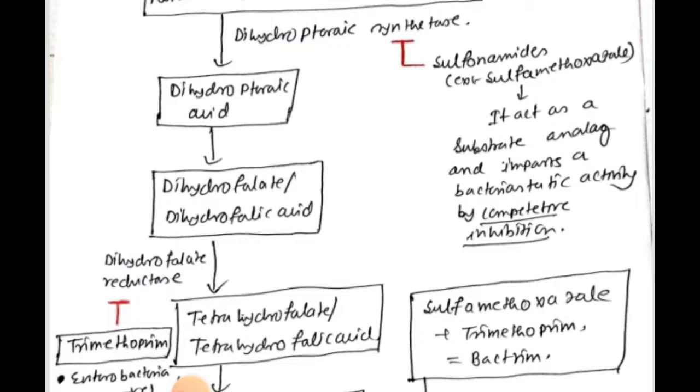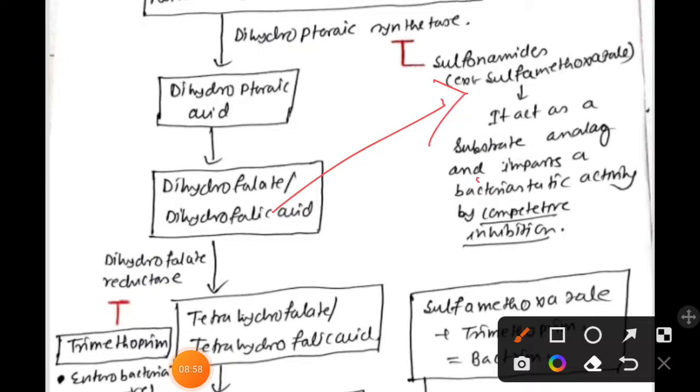Trimethoprim and a sulfonamide, for example sulfamethoxazole, can also be applied collectively. Such a drug is known as Bactrim, and it has some special properties. It has the ability to destroy Pneumocystis carinii infection, which is a kind of yeast infection.